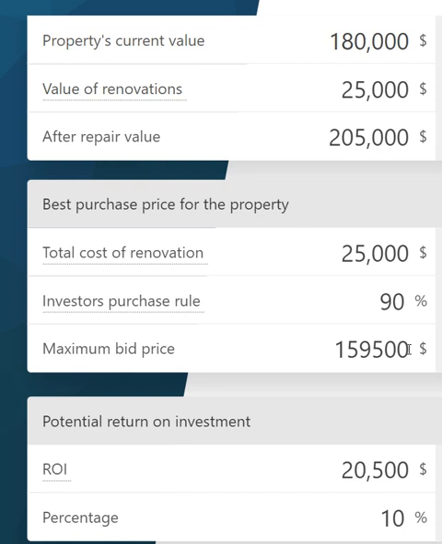The agent already pre-approved that investor, and she has a list of investors that are ready to bid on your property. You may not have an investor that may offer you 90%, but if the location is really good, you could. That's why you don't want to do this alone.